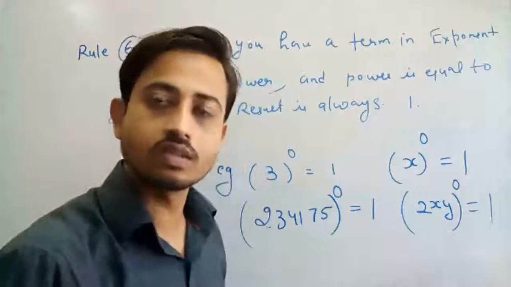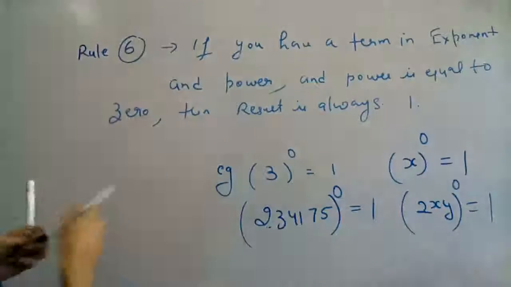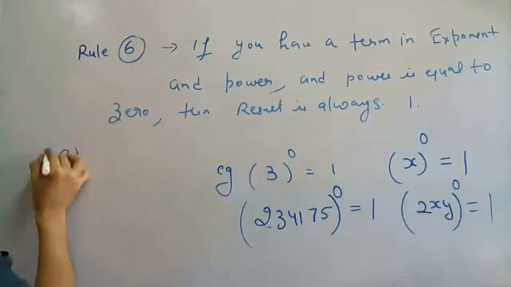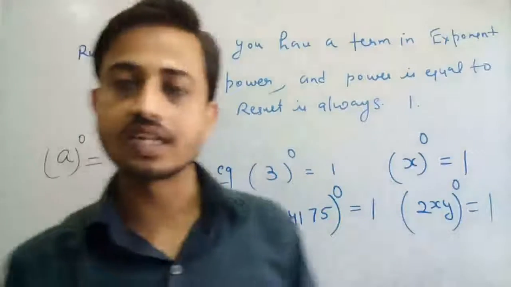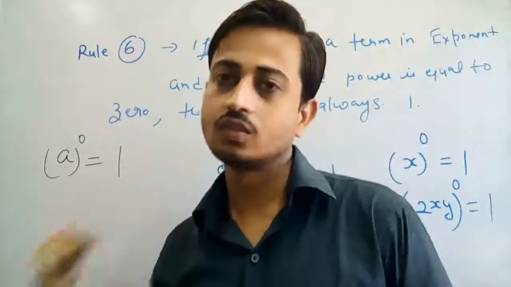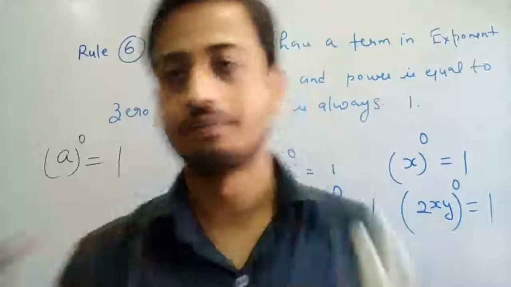So the answer is always 1. So this can be written as a raised to the power 0 is always 1, according to the generalized case. So please make a note.